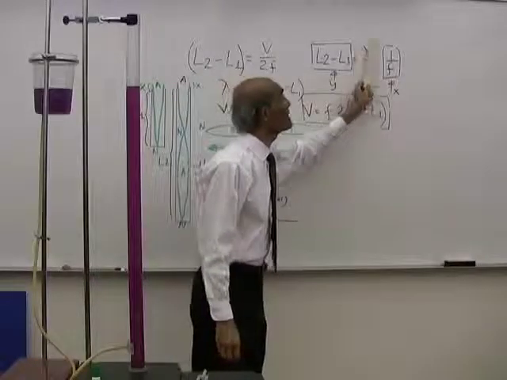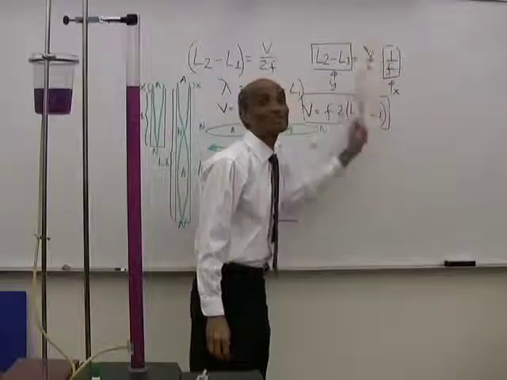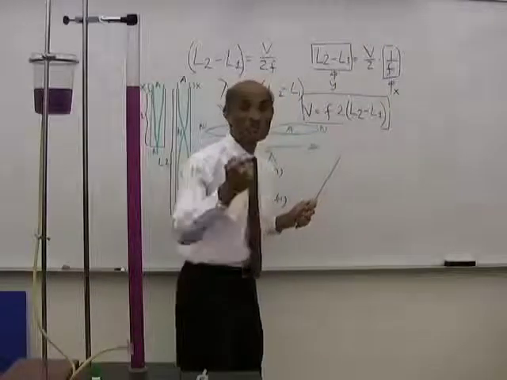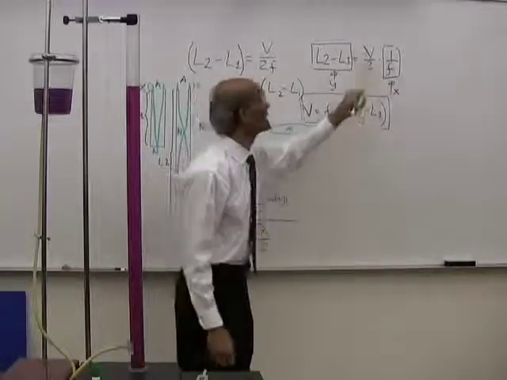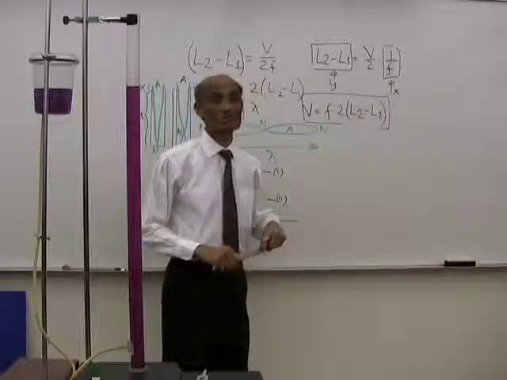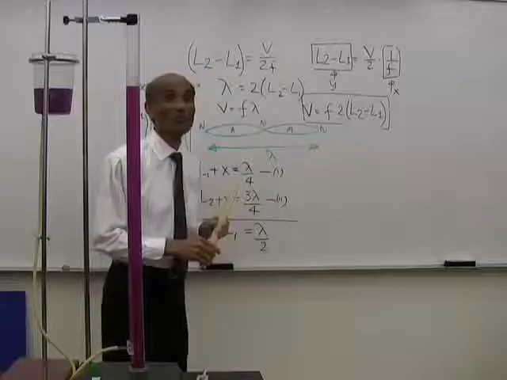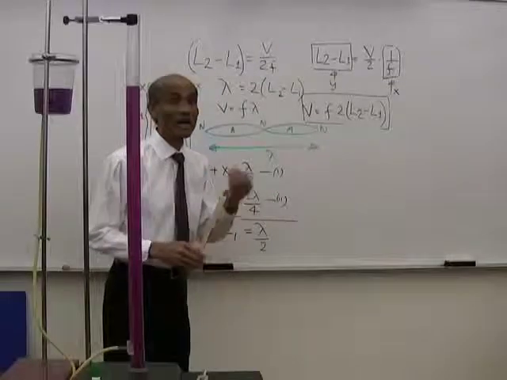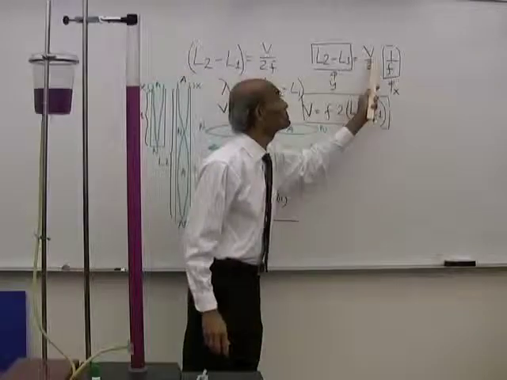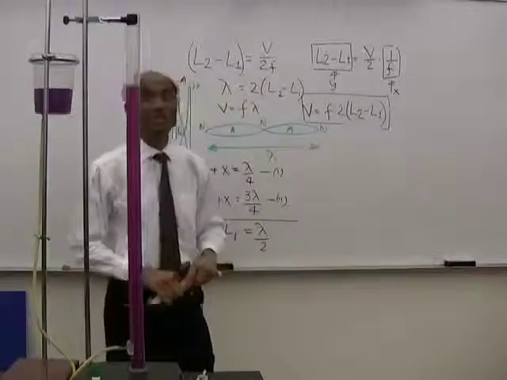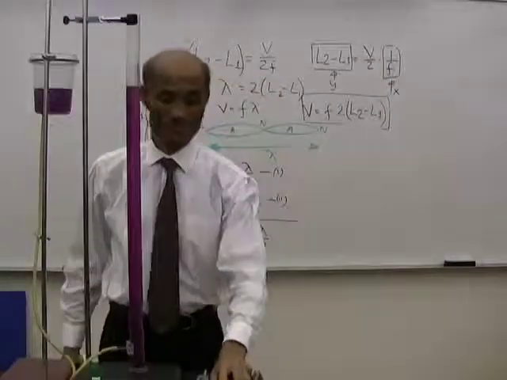The slope will be V over 2. And using the value of the slope, you can calculate the velocity of sound. Alright, that is the way we write the equations in the form y equal to mx, and how we use the slope to determine the quantity that we want to measure.